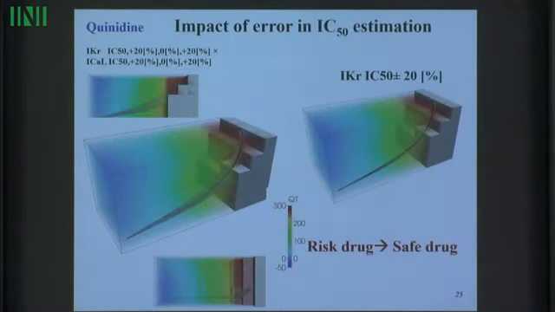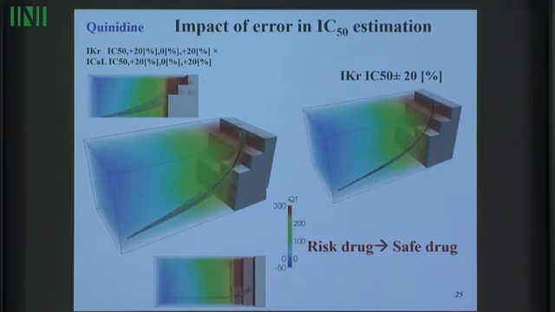So similarly, we observe the shift of trajectory in a subspace. But in the case of drugs with very small safety margins, only small changes in estimation of those parameters introduce misleading results.